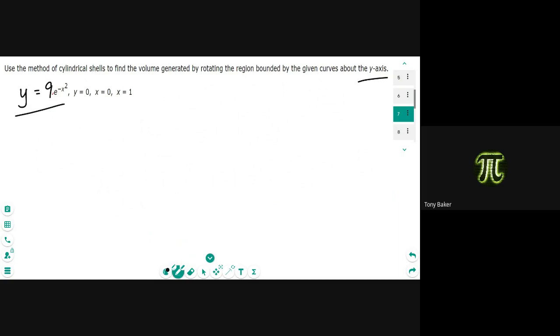So your formula for the shell method, it's 2 pi x times the height. So the formula is the integral from a to b of 2 pi x times the height dx.